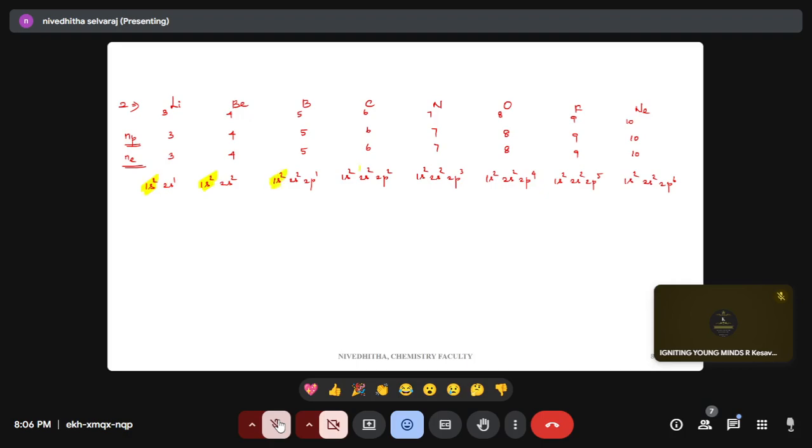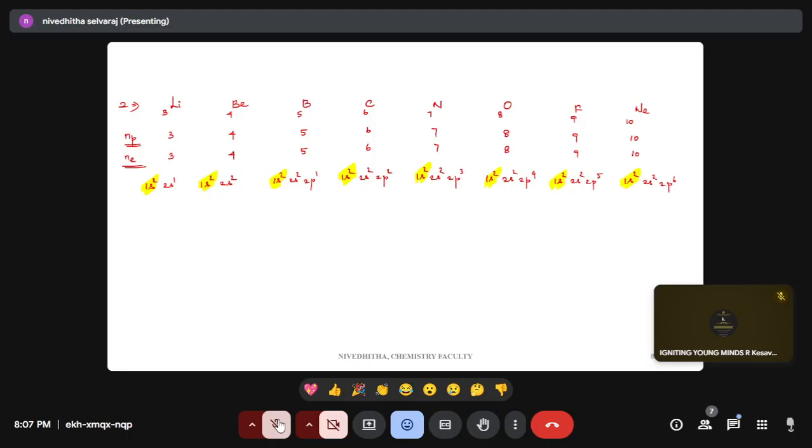All the elements have only 2 electrons in the first shell, right? Whenever we add an electron, it is added to the second shell only and not the inner shell. So there is no change in the number of inner electrons, but there is an increase in the nuclear charge.